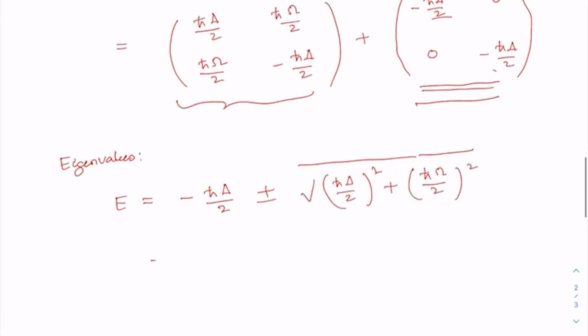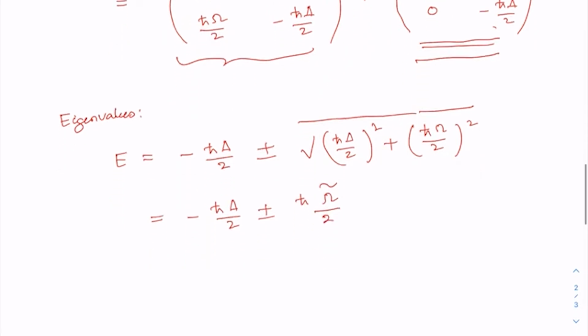Or better, let me write it as minus ħδ/2 plus minus ħΩ̃/2, where Ω̃ is the generalized Rabi frequency, equal to the square root of δ squared plus Ω squared, the Rabi frequency. Okay, so we got the eigenvalues.